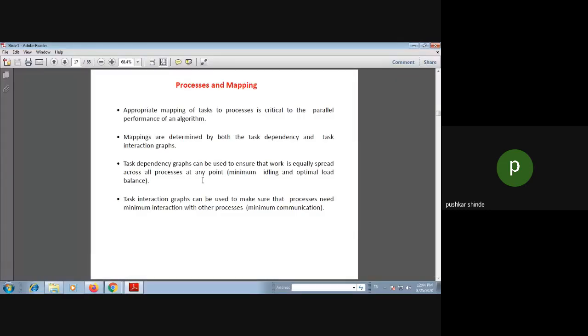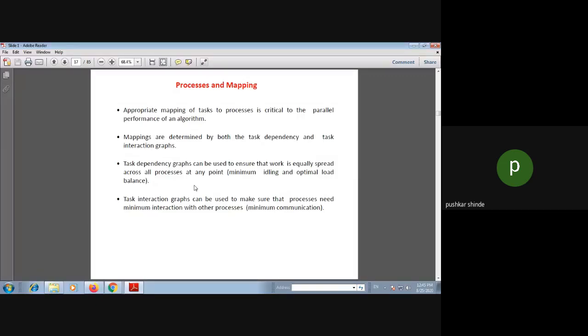So the nodes that are at the same level can be executed in parallel. That is what it indicates. They are independent of each other, and they can be given to parallel processors. Processes can be allocated to such processors. So the task dependency graph will see to it that all the processes are properly executed.